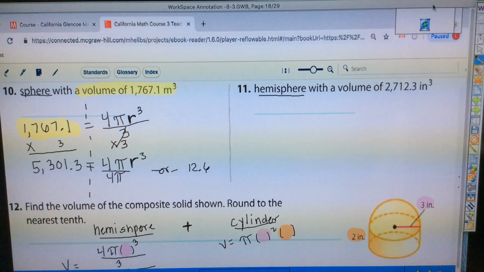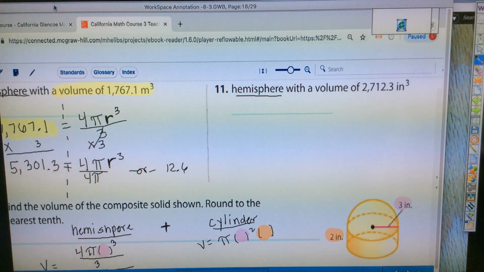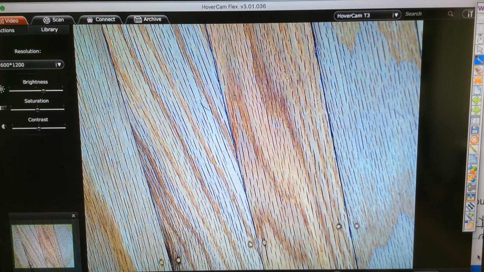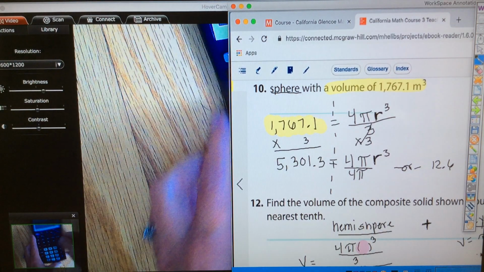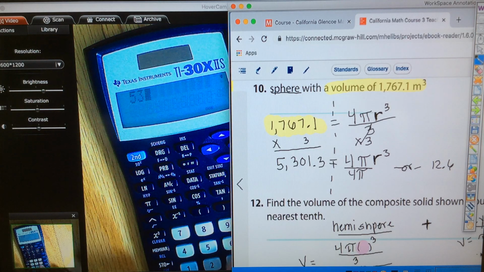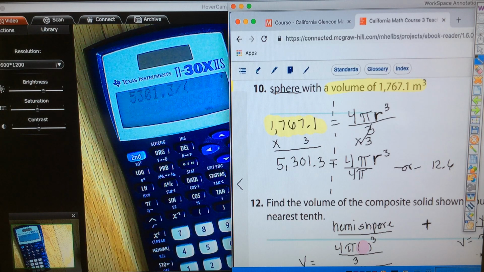Let me show you what I mean. 5,301.3 divided by, in the denominator, you've got to use parentheses, 4 pi, close parentheses, enter. 421, let's call it 421.9.